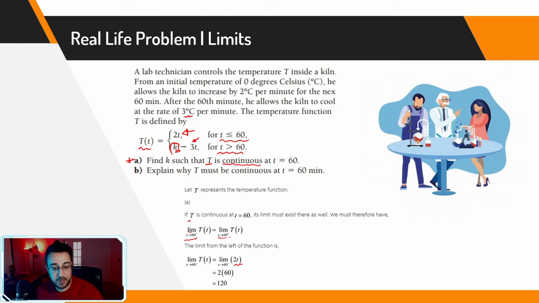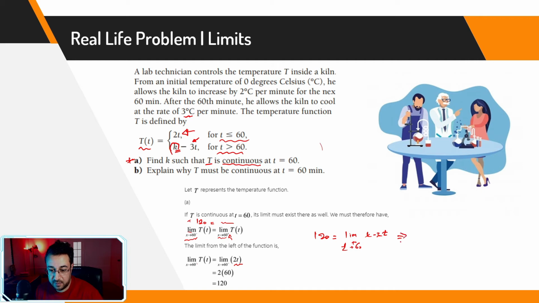As t approaches 60 from the right, now we get this as 120 equals whatever we'll find here. So 120 equals the limit of k minus 3t as t approaches 60 from the right. In this case, we plug in number 60 instead of t.